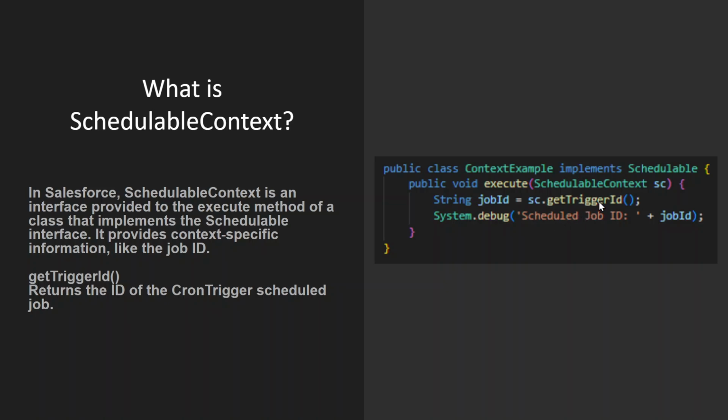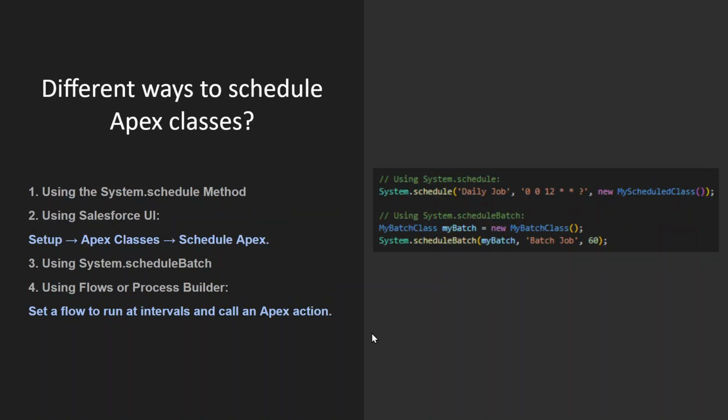So you can see here in the example code as well that we have this sc.getTriggerId, by which we are getting the job ID of this scheduled Apex class. So this is how this scheduled context works. It provides the context specific information. So let's move to the next question.